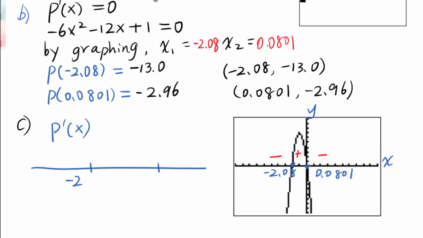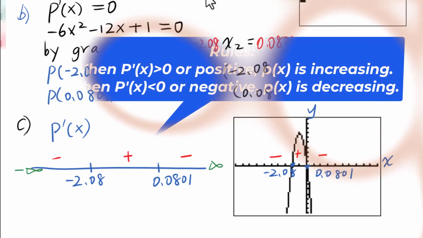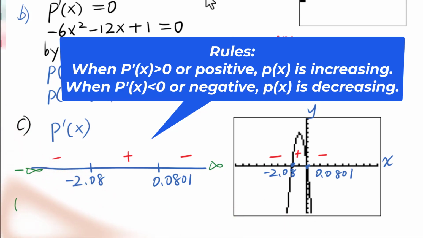Negative 2.08, 0.0801. Negative, positive, negative. This is negative infinity to positive infinity. From negative 2.08 to 0.0801, p of x is increasing.